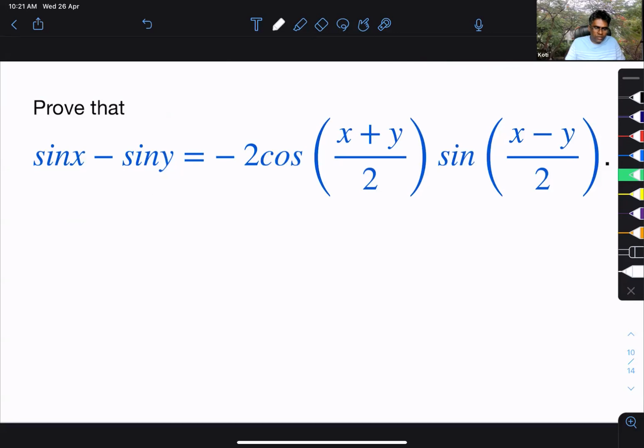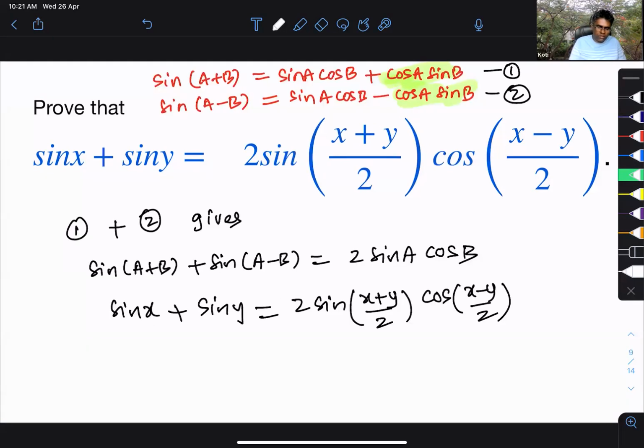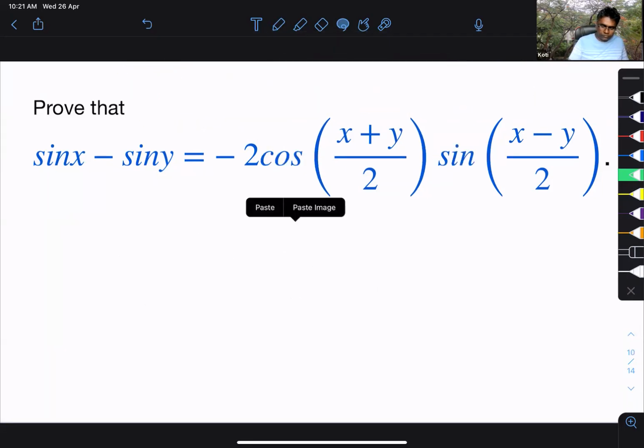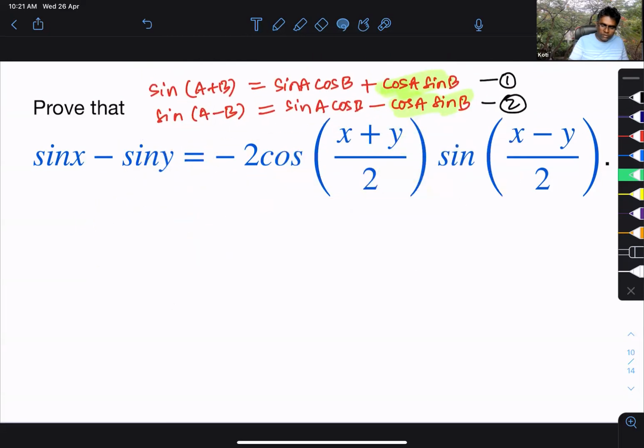Now here you have sine x minus sine y. We can borrow these identities here, so let's copy them and use them. Let's put them up here.